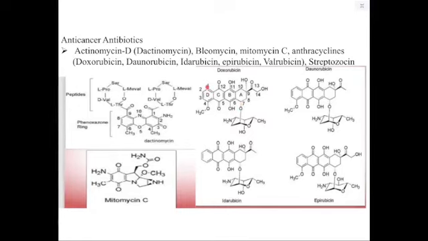Ring D carries position 2. Then we have 5. Just like in the tetracyclines, we leave the intersection, 4, 5, 6, 7, 8, 9. We just go around, 9, then 10, 11, 12.